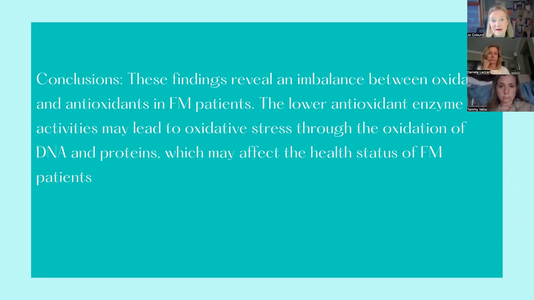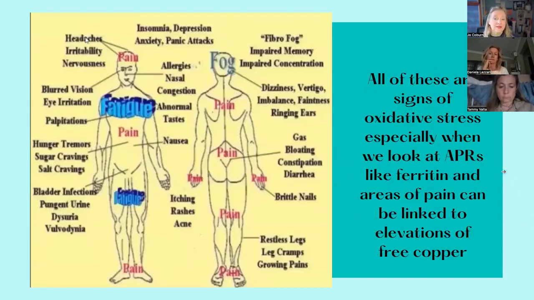So there was that imbalance, right, between oxidants and antioxidants. The lower antioxidant enzyme activities may lead to oxidative stress through the oxidation of DNA and proteins, which may affect the health status of these patients. So this is all of the symptoms that people with fibromyalgia complain about. And these are all things that when we look at them, we go, could be oxidative stress, right?